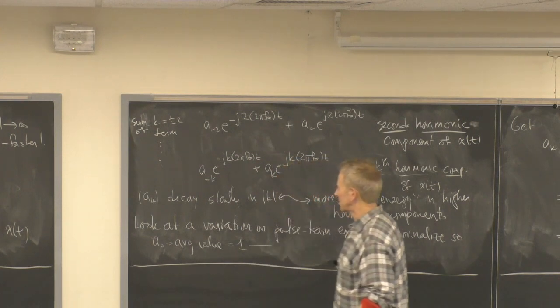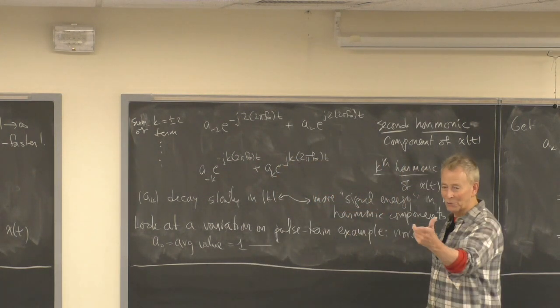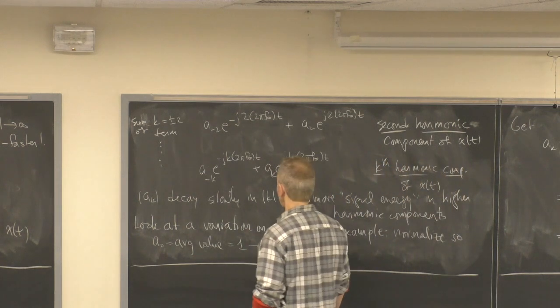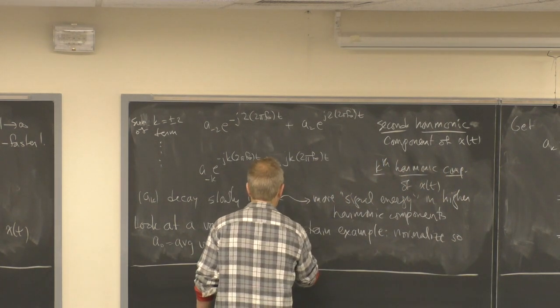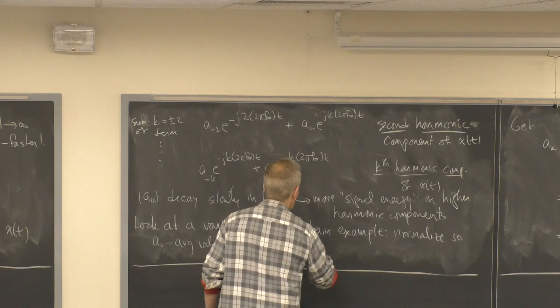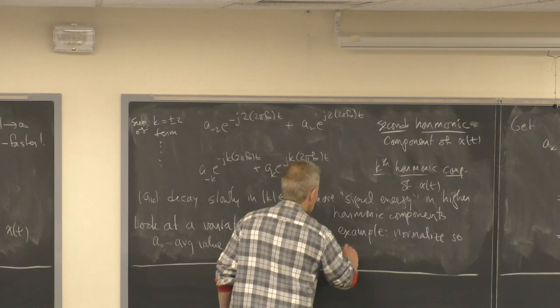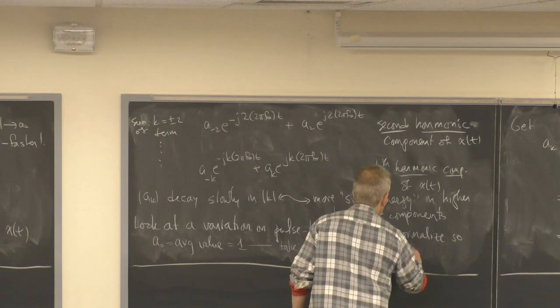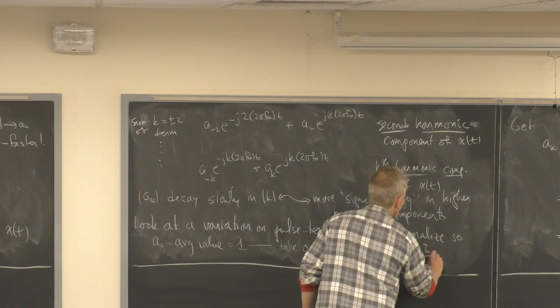One way to do that is to multiply the whole thing by 1 over your answer, which is multiply the whole thing by T0 over tau. So take the original x of t and multiply it by T0 over tau.